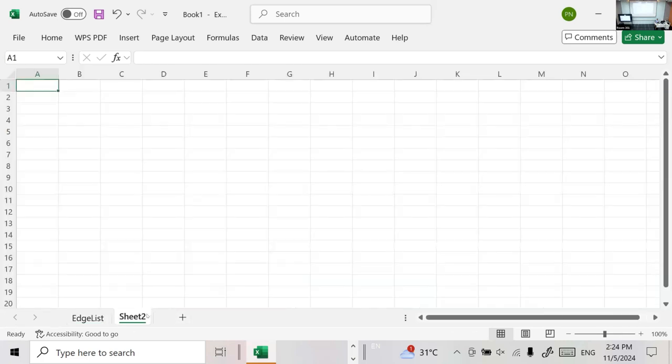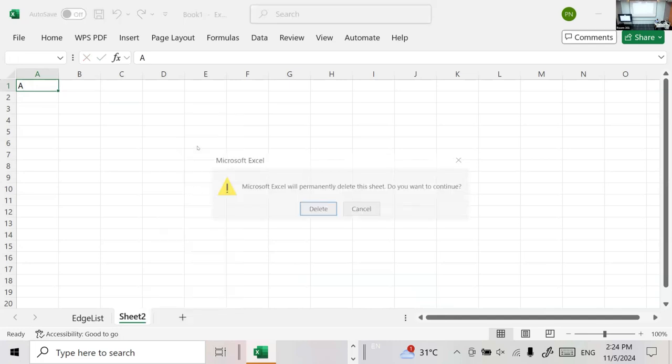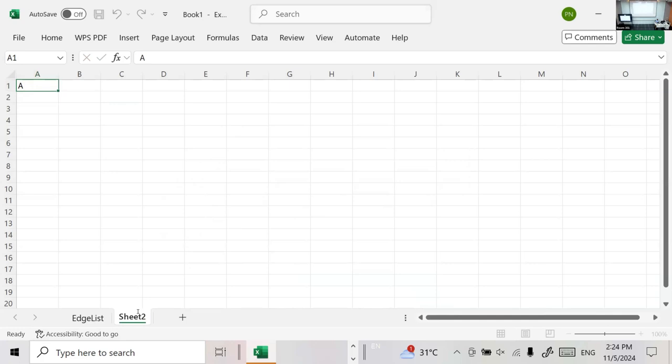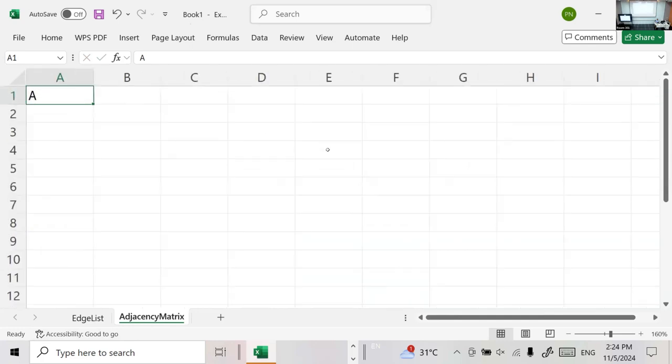So I'm going to represent it with an adjacency matrix. Okay. So in this case, I'm going to say that mom, you, dog.